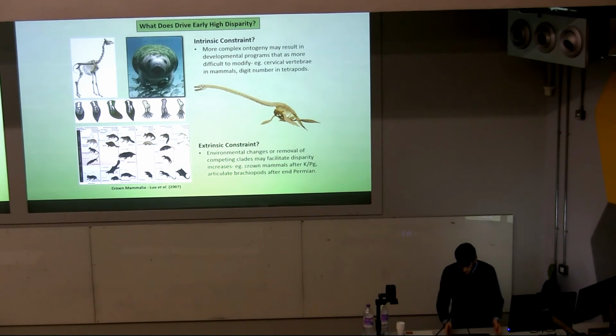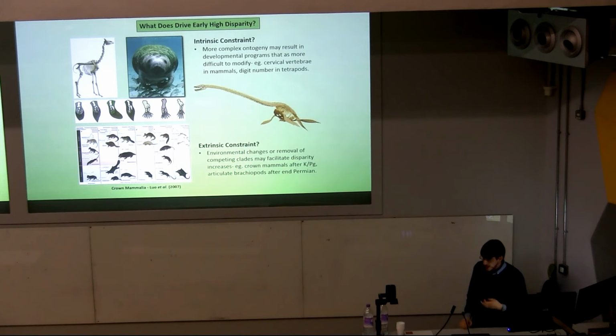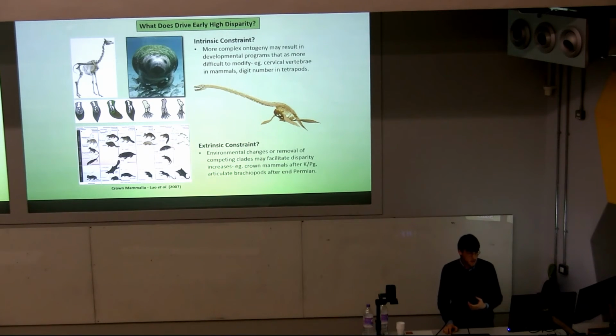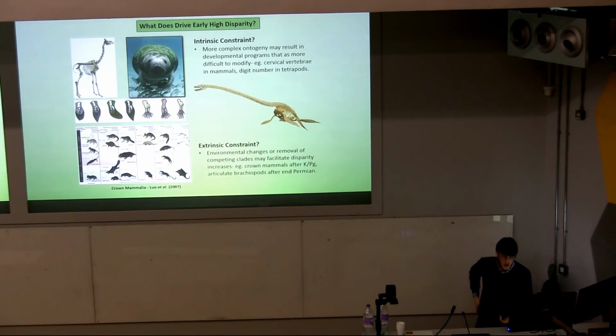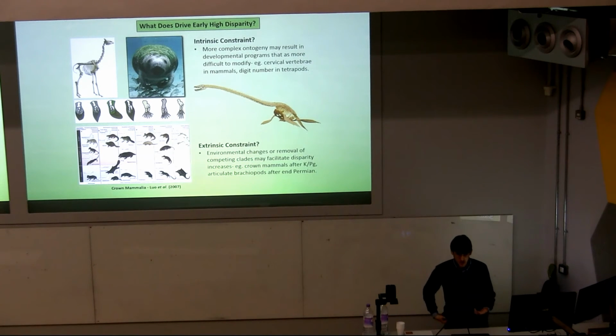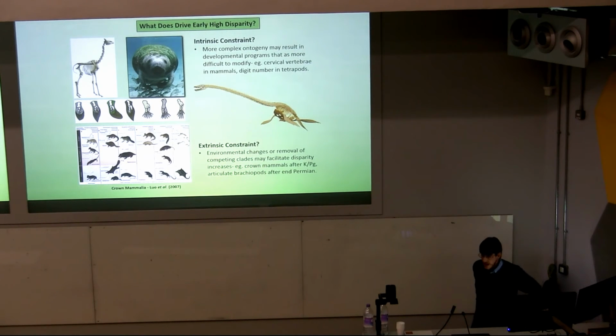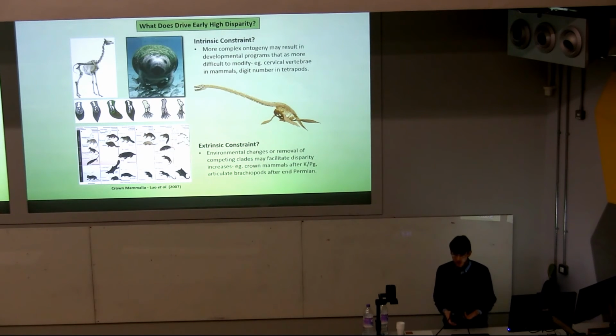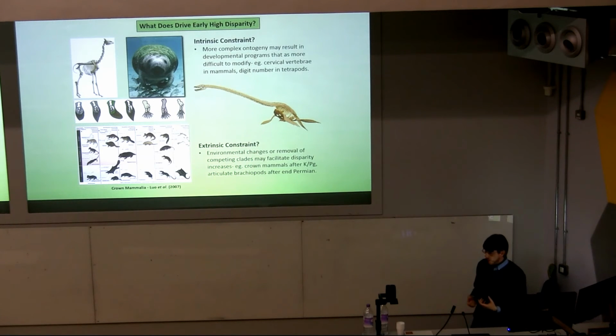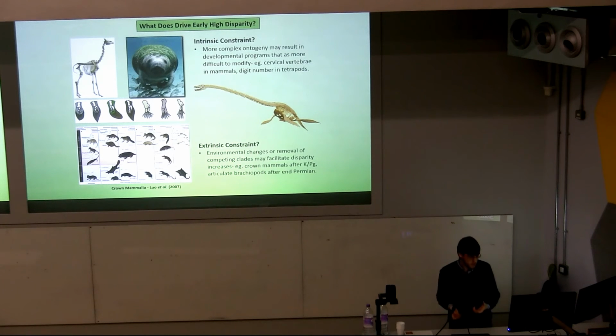And so in order to explain patterns of disparity and the limits on disparity that we clearly see in so many clades, we have to turn to arguments involving constraint. It's not as simple an explanation as just looking for general patterns and correlating general trends. You have to look in more detail.